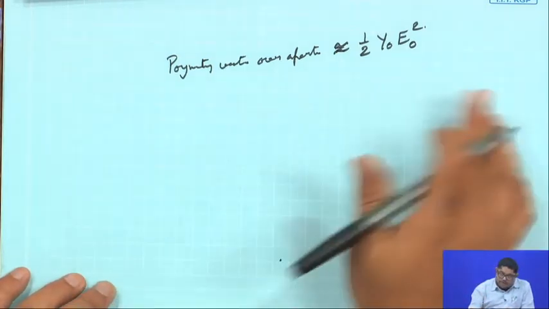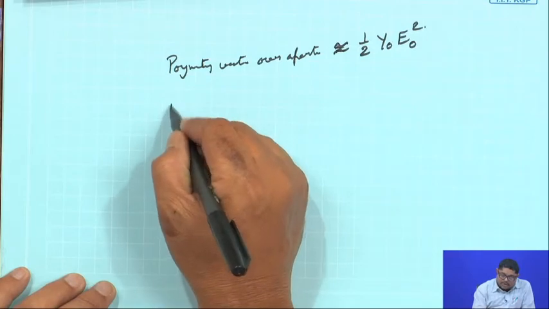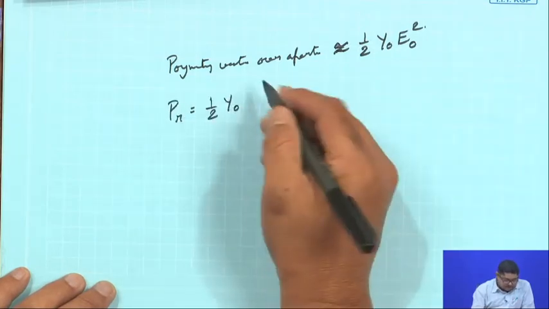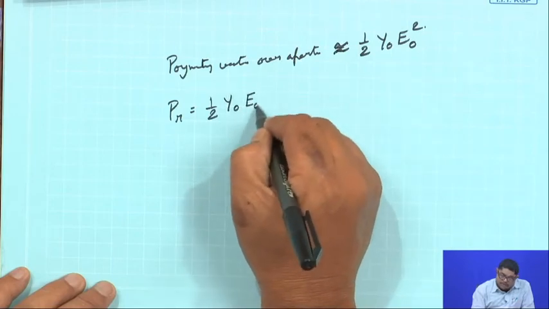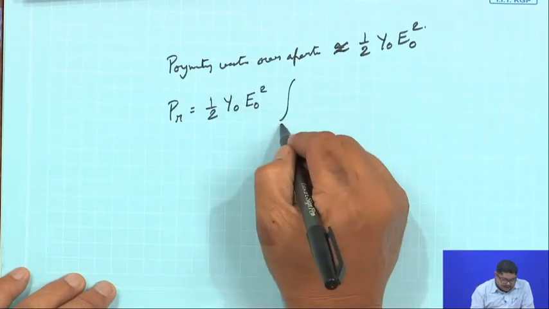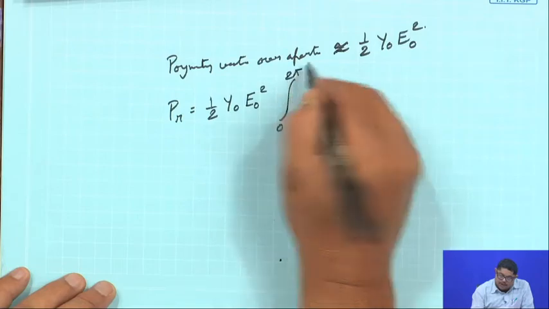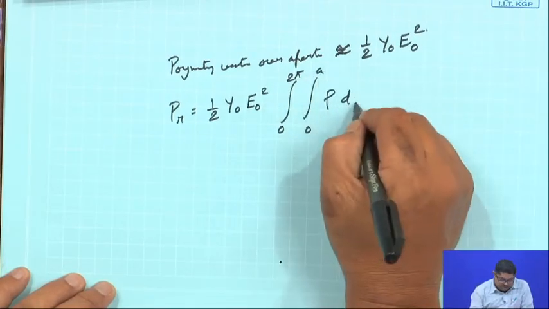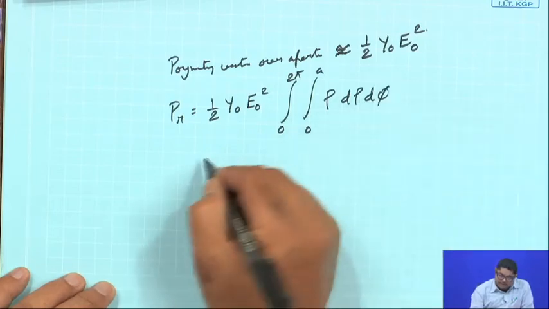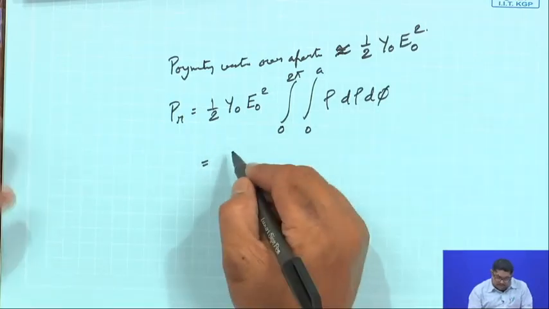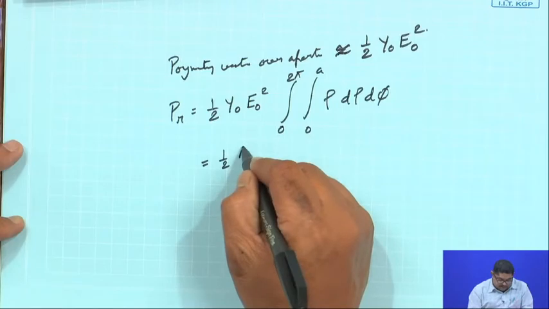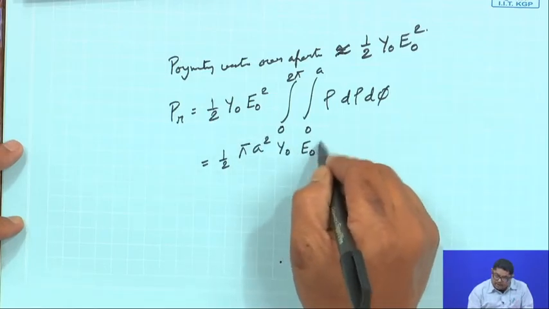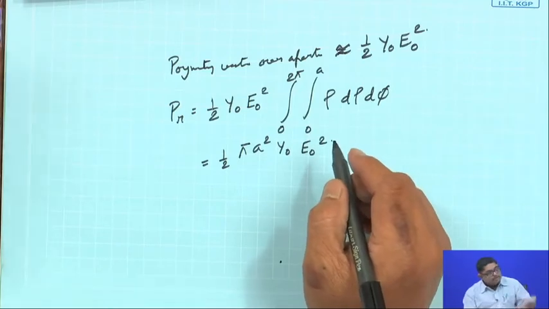So the total radiated power PR will be half y naught E naught square, then the area integral, 0 to 2 pi, 0 to a, rho d rho d phi. If you do it, it becomes half pi a square y naught E naught square.